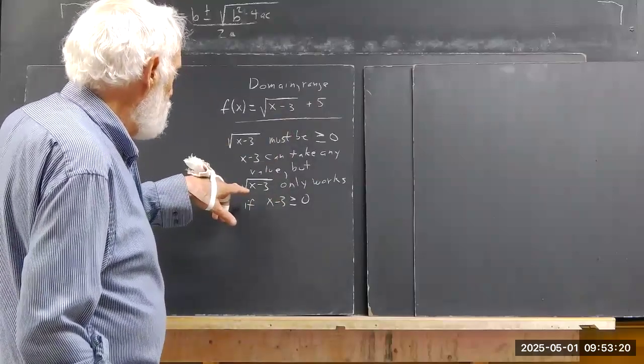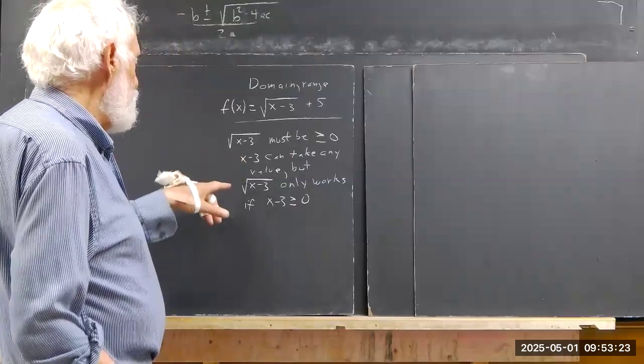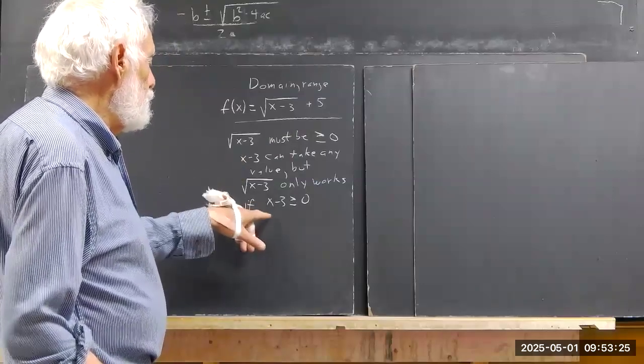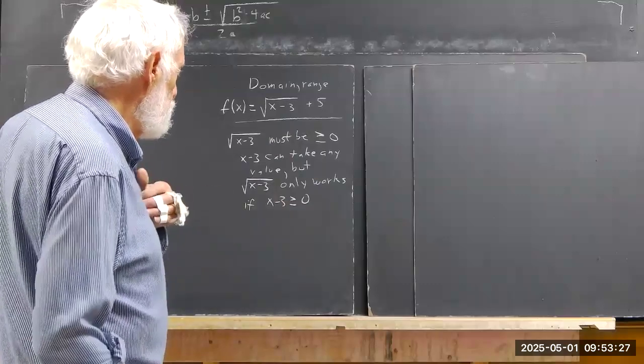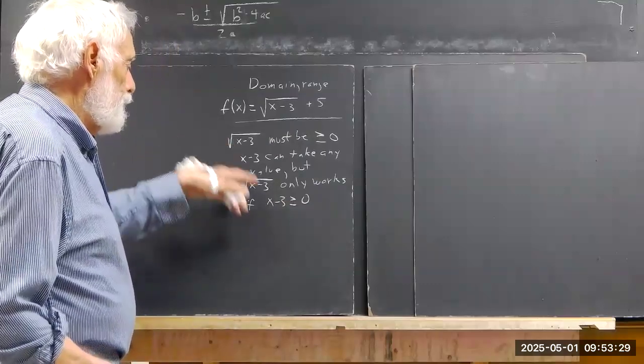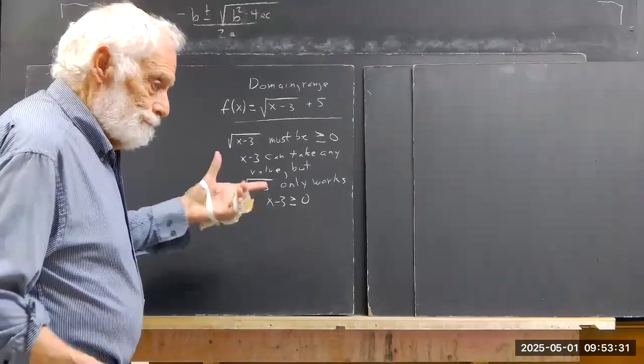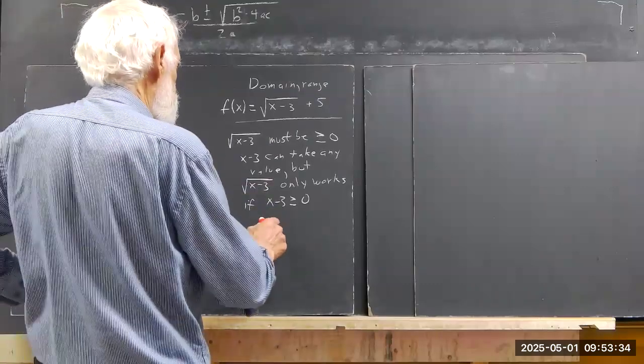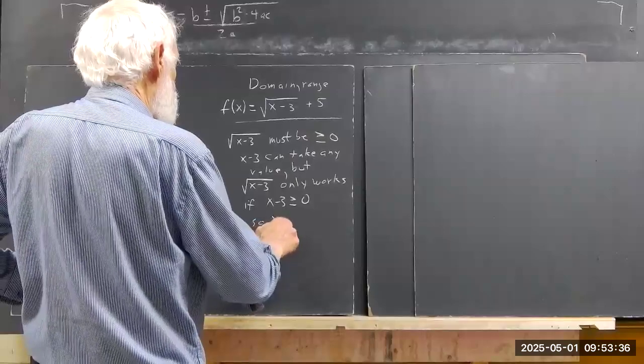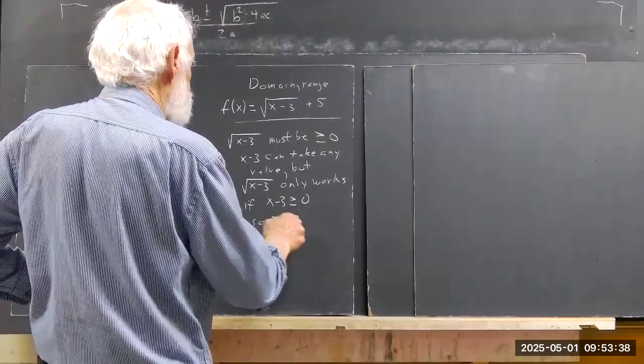So my point here is, the square root of x minus 3 only works if x minus 3 is greater than or equal to 0, because you can't take the square root of a negative. So it means that x has to be greater than or equal to 3.